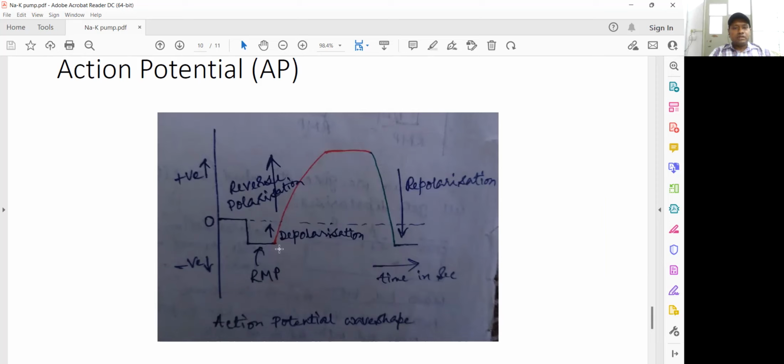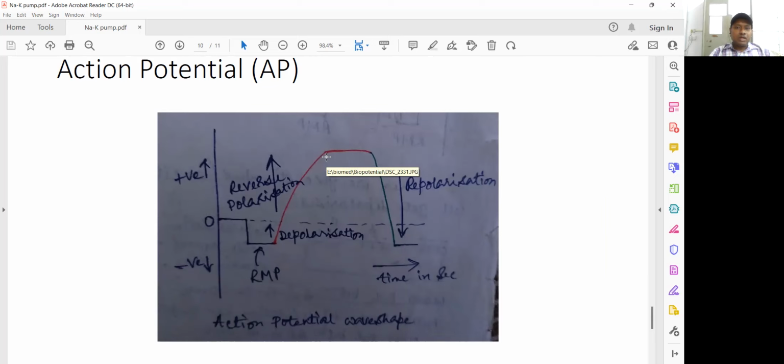Initially it will be depolarized. That means the RMP, the value of minus 90 millivolt, will be decreased towards zero. Okay, then it will be reverse polarized. That means it is now getting some positive values.